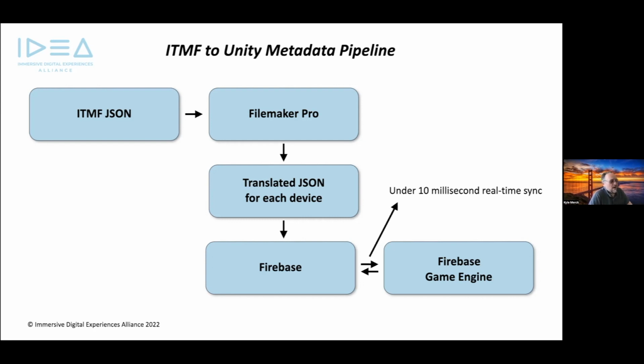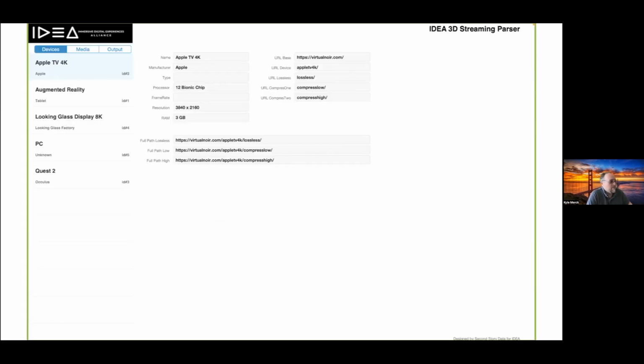So let's go to the UI that was created. We begin here with our device input. We have a number of devices that we've put in here, and a number of features that are used in that device, such as resolution, amount of RAM space it uses, as well as where we want these files to ultimately be stored once it syncs with the game engine.